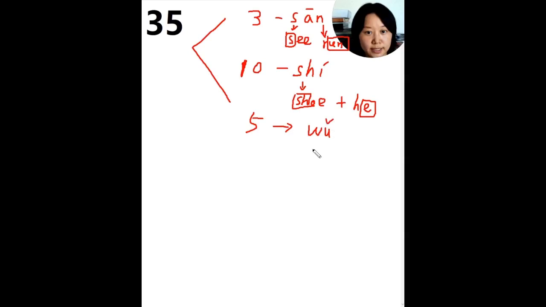Wu, because we know this is just like a room. And these three have the same pronunciation, wu. And the third tongue is wu, so fa mi re do re mi fa. And the 35 is san shi wu, right? We can say this number.